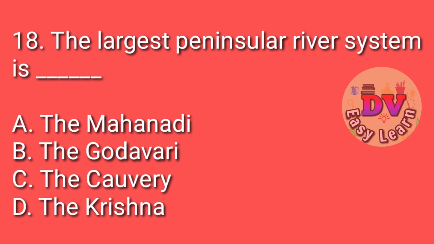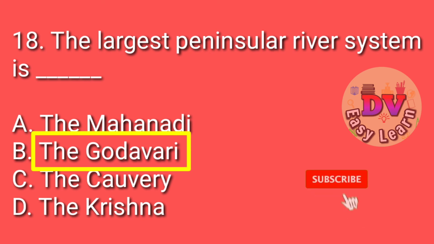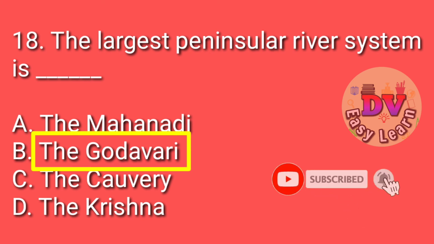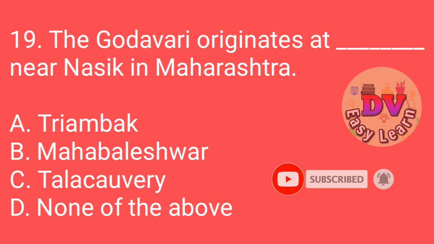Question number 18. The largest peninsular river system is. Correct answer: the Godavari. Question number 19. The Godavari originates at dash near Nasik in Maharashtra.